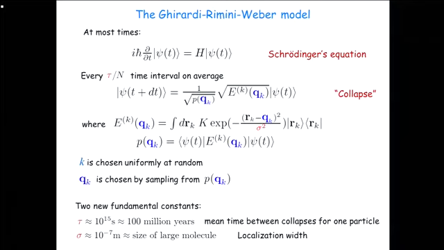So this E_k, q_k is not a projector because the weights here form a Gaussian. They're not uniform. But it is a positive operator. And if I take all of these, so I sum over the discrete k index and I integrate over q_k, you can show that they sum up to identity on the space of the particle. So they form a POVM.